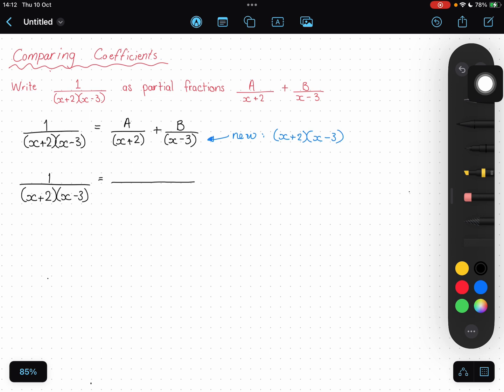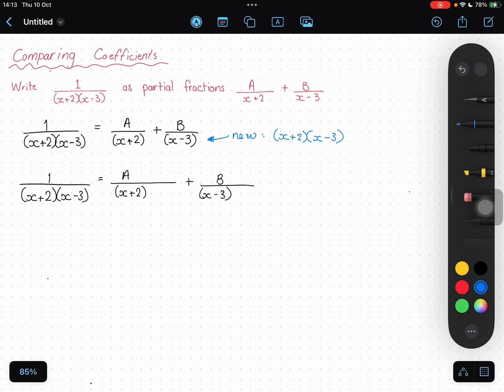That is the denominator that we are coming up with, and that way we are going to be able to merge the A and B together and we'll have the same denominator on both sides. So the first thing I had was an A over an x plus 2, and then I had a B over an x minus 3.